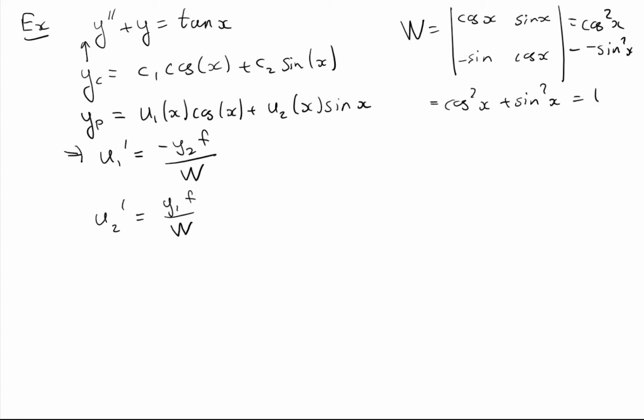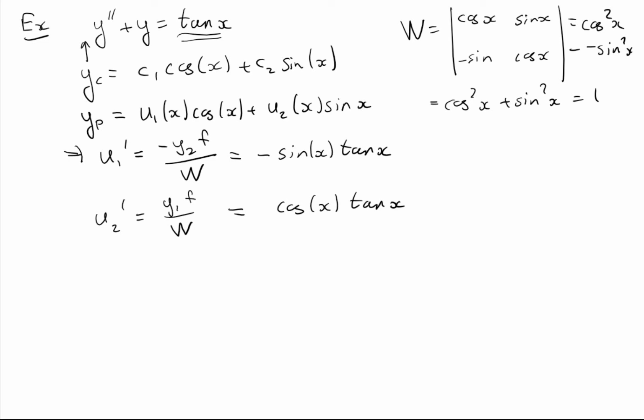So the Wronskian is 1, so that's good. F is your right hand side, tan x, so this is minus sine x tan x. And this one is y1, which was cos x tan x.